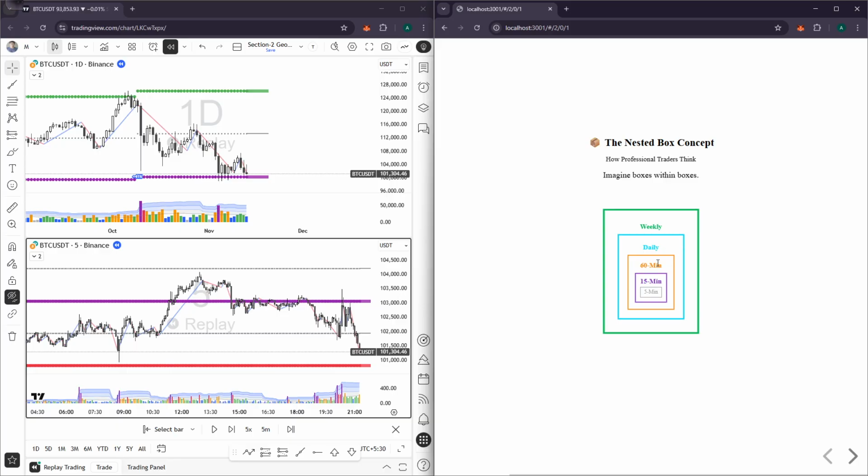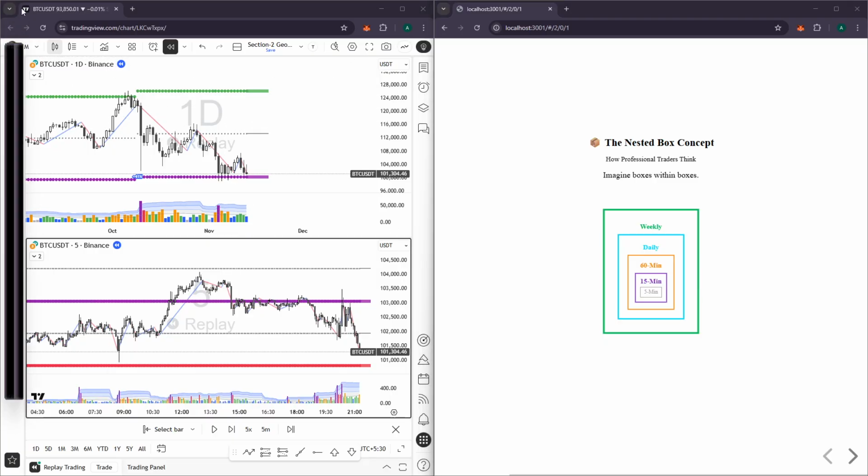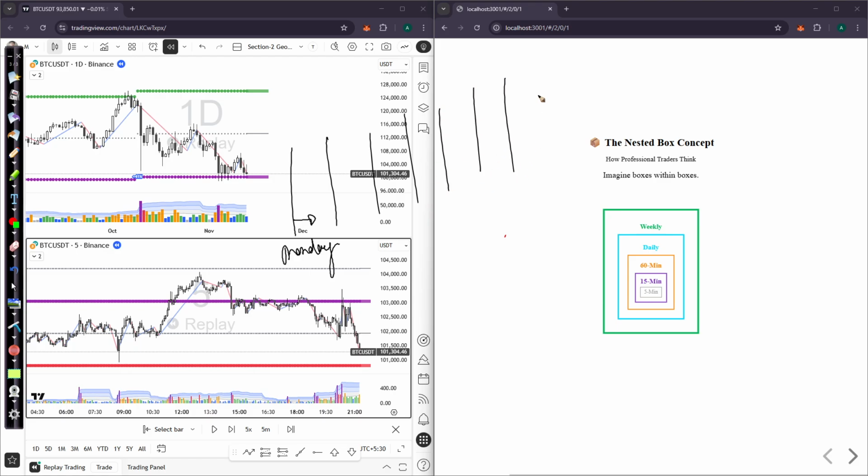The 1 hour time frame is happening within the daily. Suppose this is the start of the week, say Monday. Now, in this week, there will be 1, 2, 3, 4, 5, 6 days.